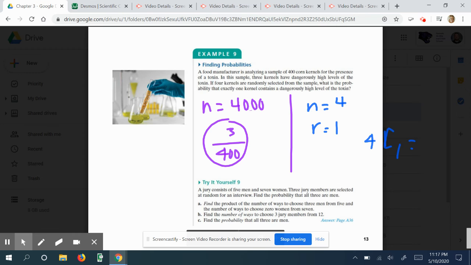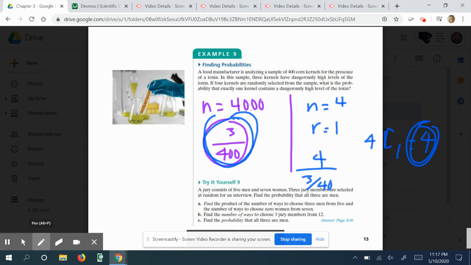Notice that's 4, right? So that would just equal 4. And so we're going to take this divided by, basically, well, it's, excuse me, the other way would be this divided by this. So 4 divided by 3 out of 400.